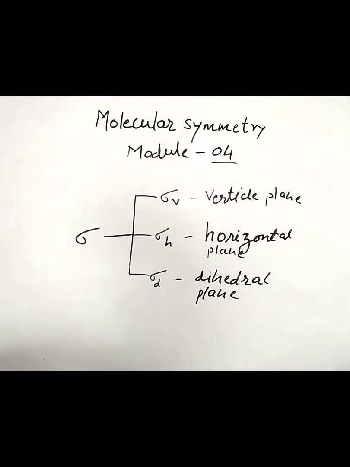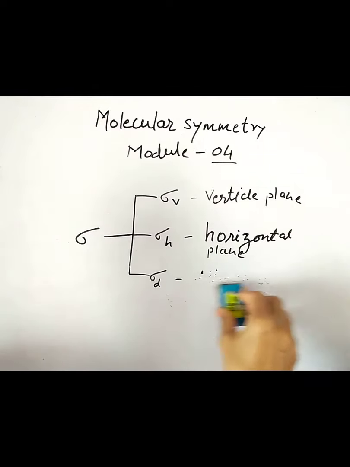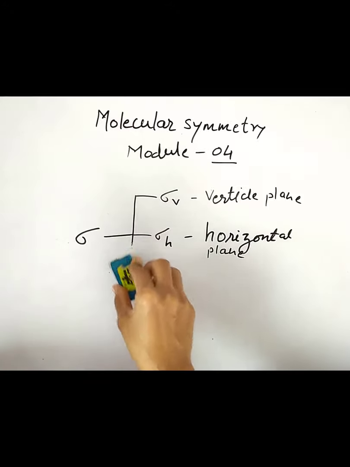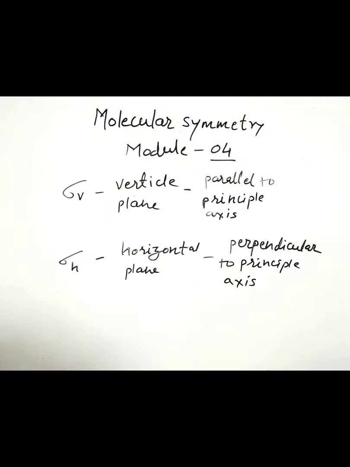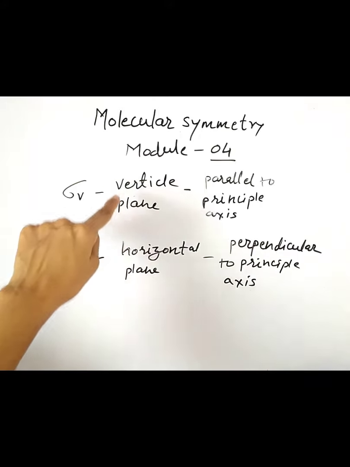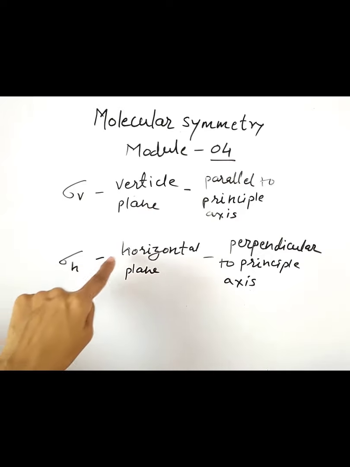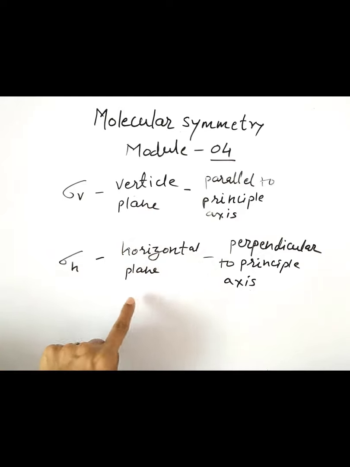First of all, we will see sigma H and sigma V in detail. They have a direct connection with the Cn, that is the principal axis. So these are the first two types of mirror planes: sigma V, that is the vertical mirror plane; sigma H, that is the horizontal mirror plane.